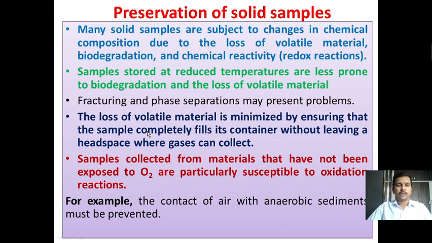As a result, say for example, if some volatile material has been lost, this will reduce the quantitative aspect of the sample, right? Therefore, in order to avoid the loss of volatile material, this can be minimized by ensuring that the sample is filled to the container without leaving a headspace where gases can collect.